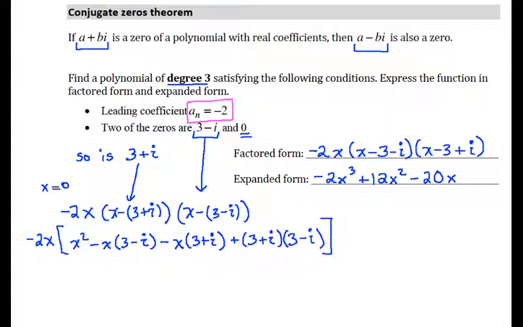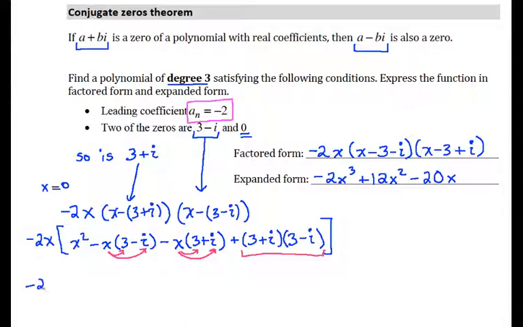Okay, before I distribute in the negative 2x, I'm going to do as much simplifying as I can on the inside. I need to distribute these. And I also need to multiply out this 3 plus i times 3 minus i, but writing it in this form allows me to take advantage of the fact that what I have here is a product of conjugates.